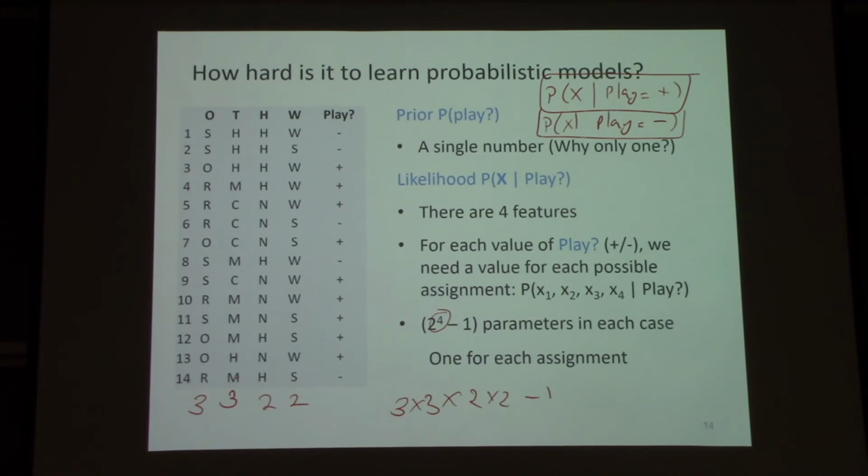Because they all add up to 1. So you have 23 numbers for the probability of X given play equals plus. The probability of X given play equals minus requires an entirely different set of 23 numbers, because that's a different probability distribution.